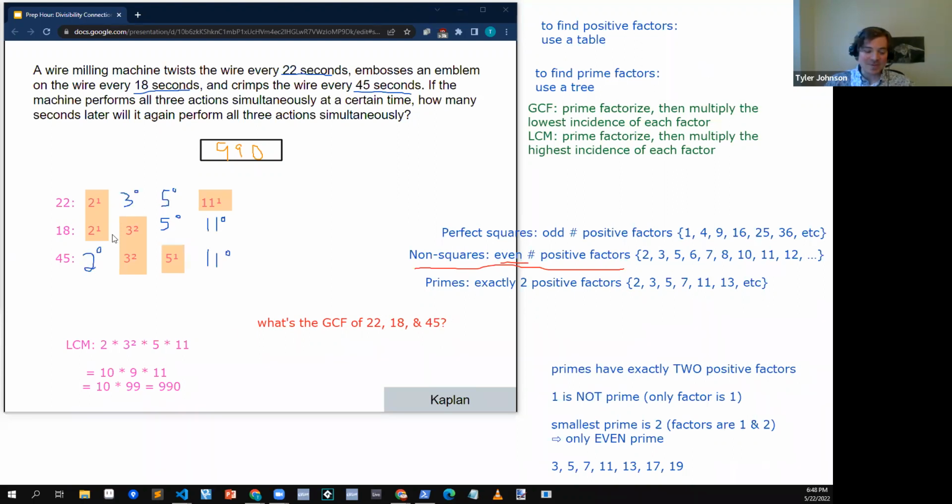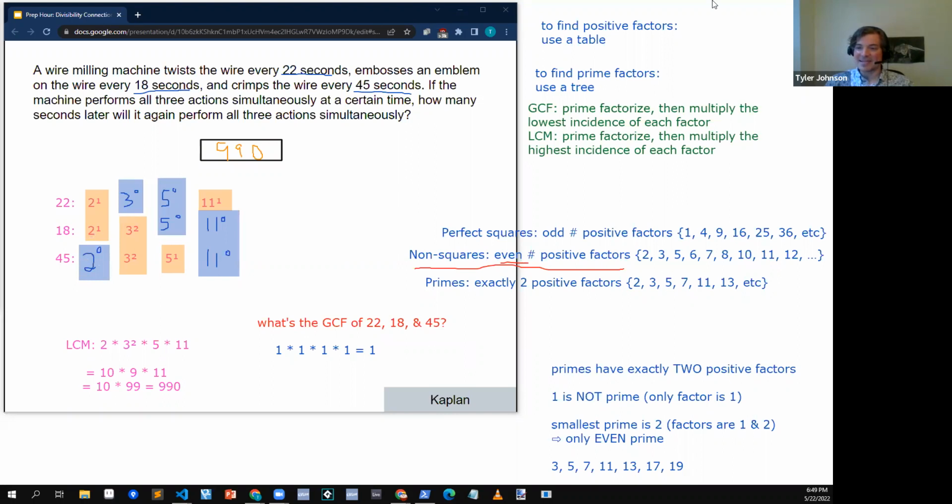So to find my greatest common factor, I take the smallest incidence of each of these. So I take the 2 to the 0. Remember, don't forget those implied 0 powers. My 3 to the 0, my 5 to the 0, my 11 to the 0. So that is all to say 1 times 1 times 1 times 1. Greatest common factor is 1. There's nothing higher than 1 that those 3 values have in common as a factor. So, little sneaky, but just 1.